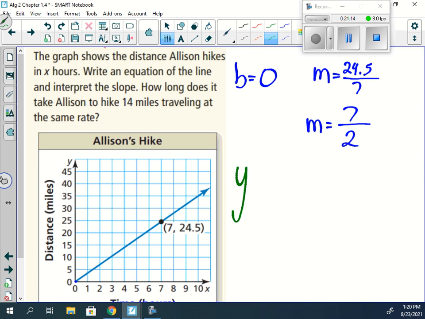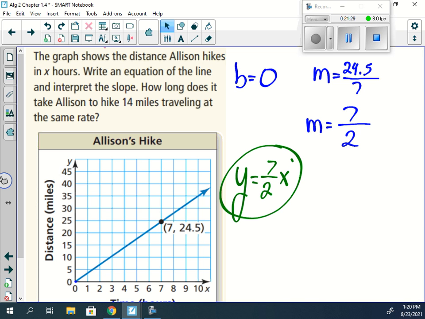Now, can anybody tell me what the equation would be? Y equals what? Because again, decimals and fractions, we don't want them together. We really want to get the decimal out of the fraction, even if it's in the numerator or denominator. Essentially, that means we have a fraction in a fraction.